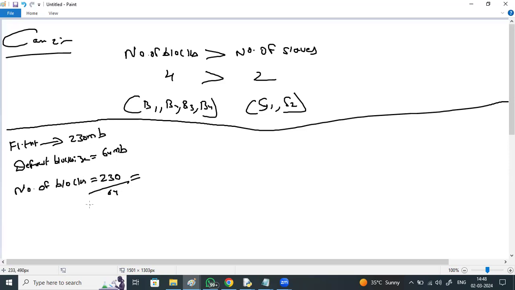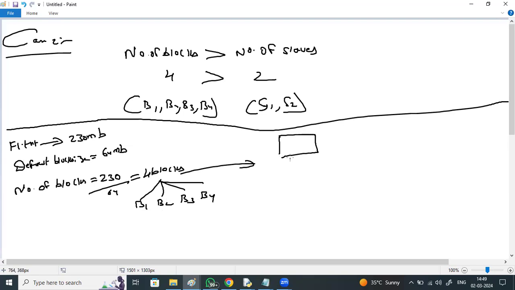How many blocks? 4 blocks, right? Yes. B1, B2, B3, B4. 4 blocks, how it is stored across the systems? Only 2 slaves you got.